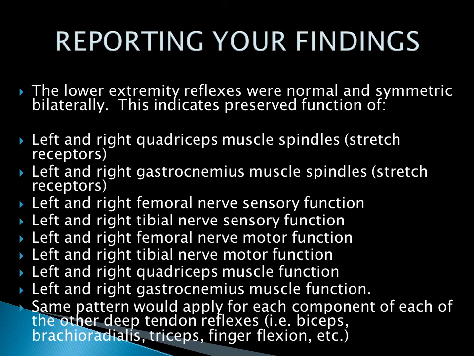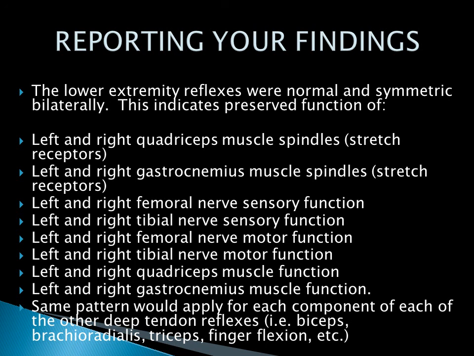So you're indicating here to your reader some normal structures. It indicates preserved function of the left and right gastrocnemius muscle spindles. Left and right femoral nerve sensory function, parenthesis L2, L3, and L4, and L4 is in bold, nerve roots.